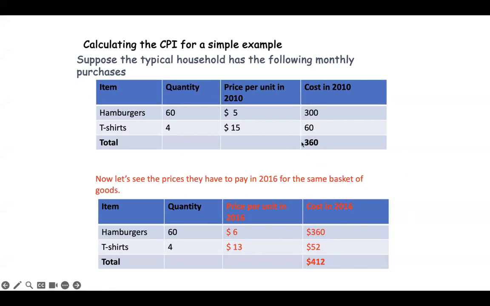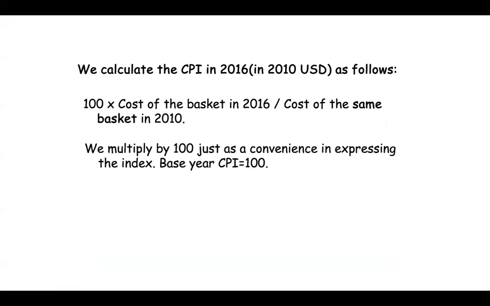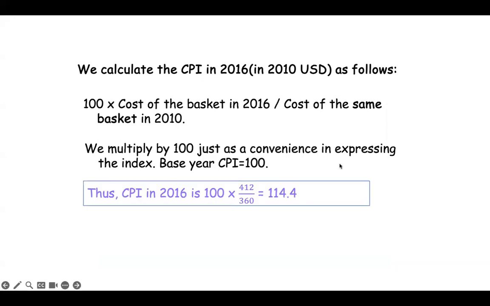And so if we consider, for example, the base year to be 2010, then we would look at the CPI in 2016 as how much did the cost of this basket of 60 hamburgers and 4 t-shirts increase, in percentage terms, relative to the cost of 60 hamburgers and 4 t-shirts in the base year, which is 2010. And so in our case, the answer will be basically 412 over 360 times 100.